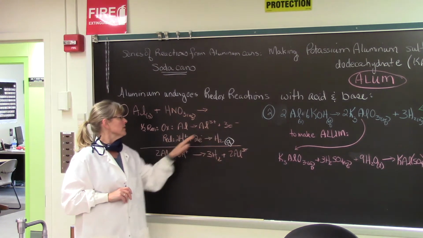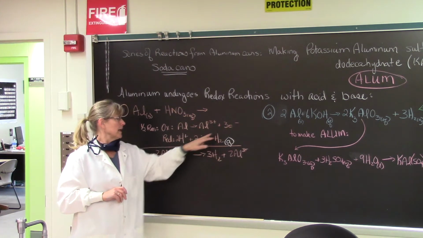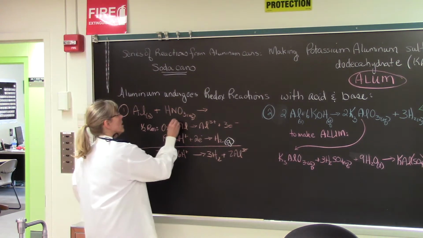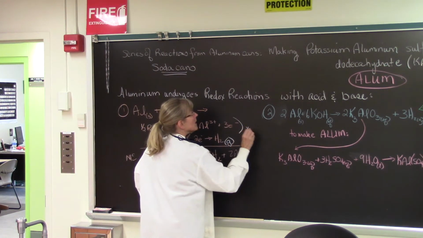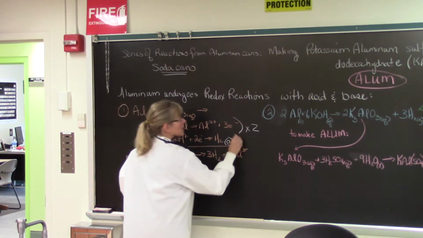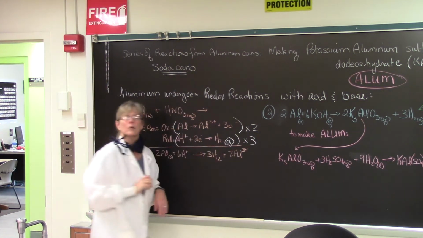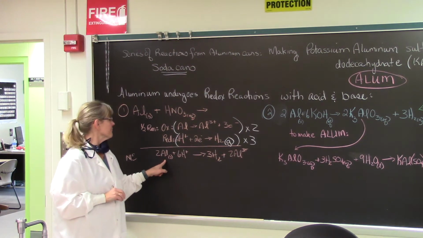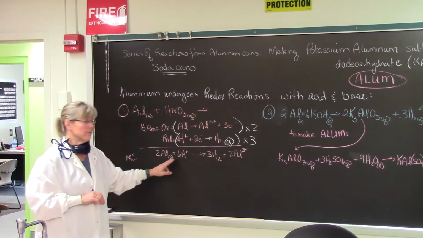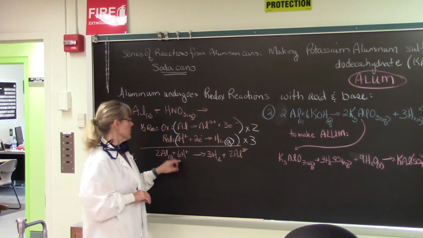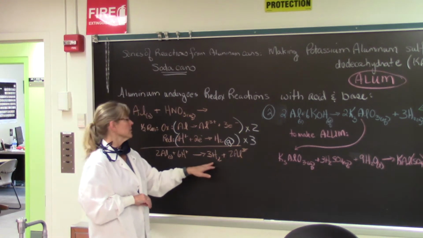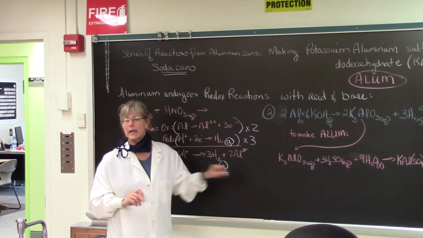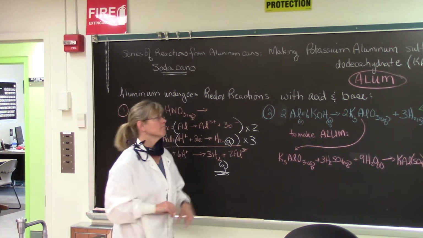Now, of course, we don't have an equal number of electrons that are being released and taken on, so we have to balance the reactions. Our net ionic reaction therefore comes out to be 2 aluminums plus 6 acidic protons gives us 3 hydrogen gas and aqueous aluminum.